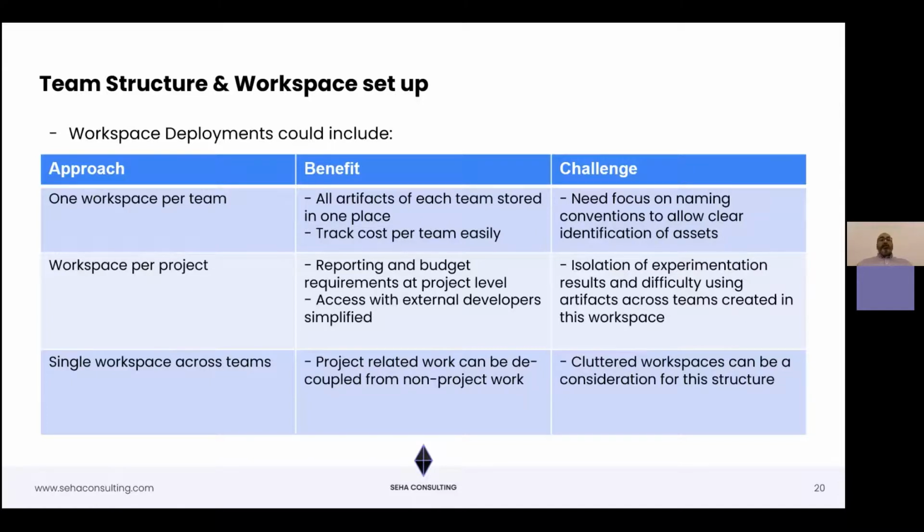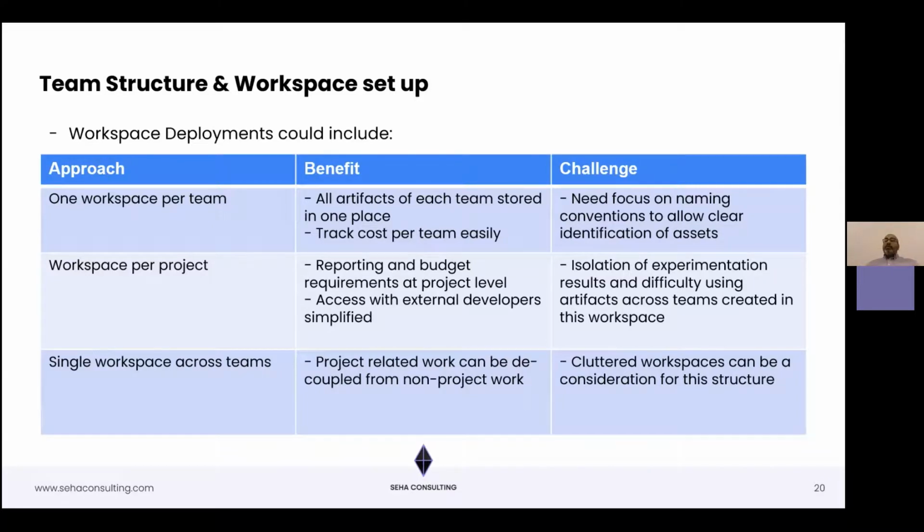Another benefit is that they're able to use all the artifacts that are created for each other. So if you've got data sets registered there, models that are created, experiments that are done, you have them all in one place where all teams can use them. The challenge is if you've got different projects that a given team is working on, you need more naming conventions to allow clear identification of assets.